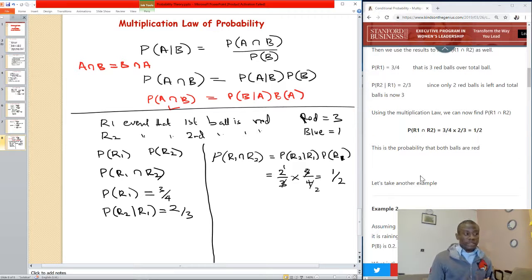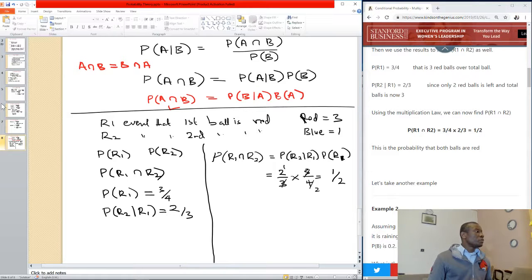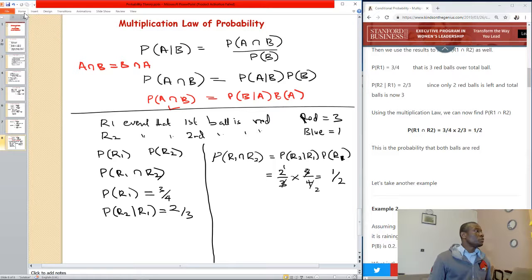Let's take another example. In this case, assuming that if the weather is cloudy, the probability that it will rain is 0.3. Also, the probability that it is cloudy, P(B), is 0.2. So at this point, I'm going to start a new screen.